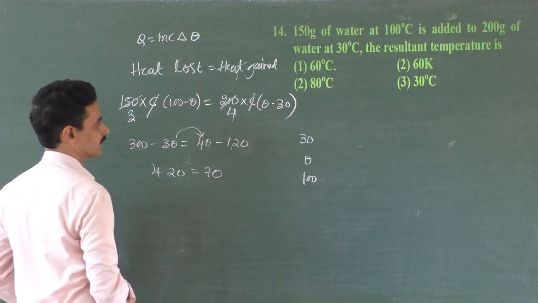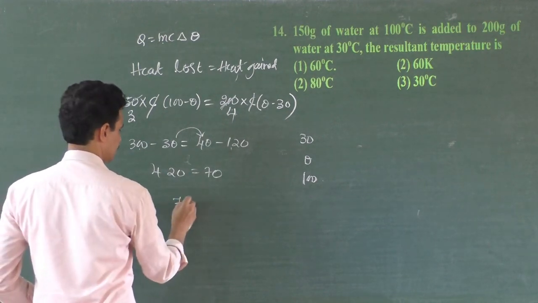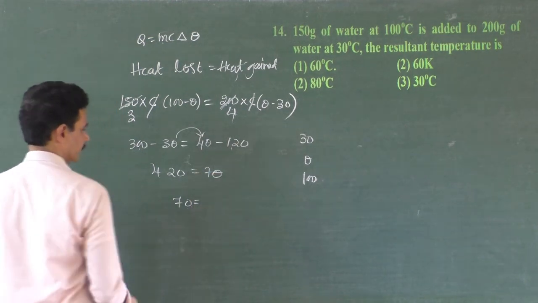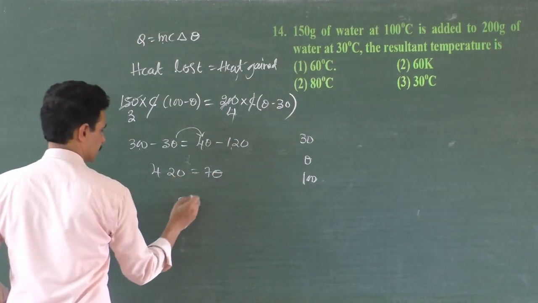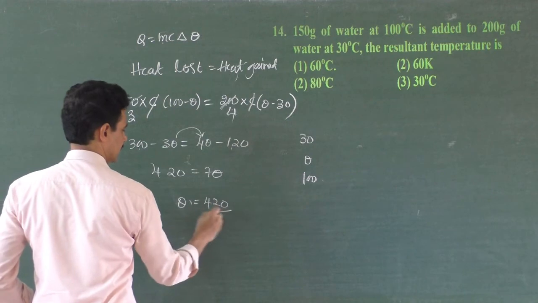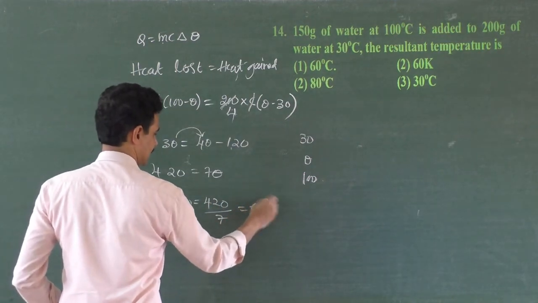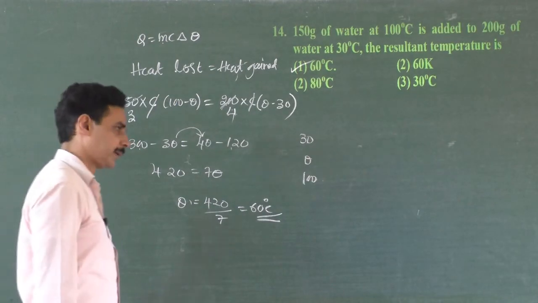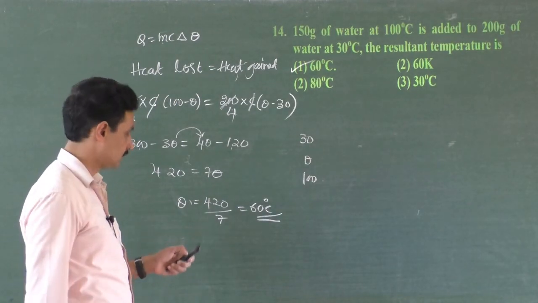Wow, what a beautiful answer. Theta is equal to 420 divided by 7, 60 degrees Celsius. Correct? First option. Simple problem, just a substitution.